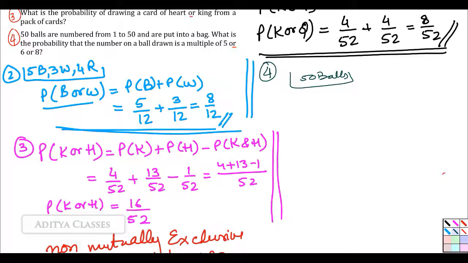Now if you draw a ball, let's say, which has 30 on it, then it will be divisible by 5 also and 6 also. In other words, 30 will be a multiple of 5 also and 6 also. 5 6s are 30, 6 5s are 30.